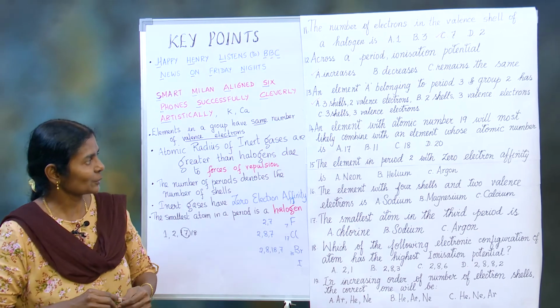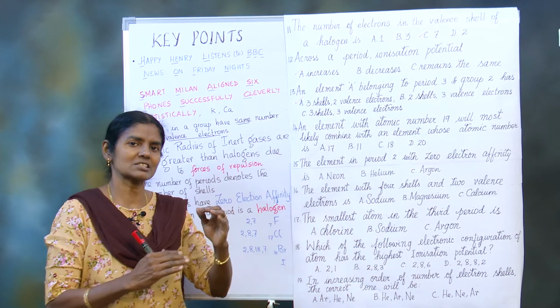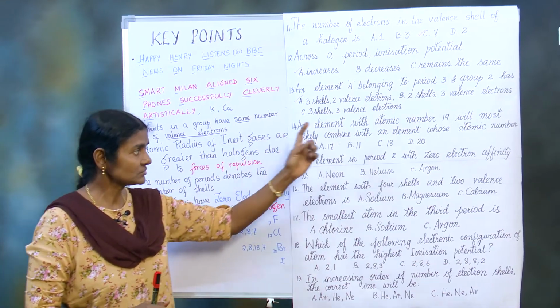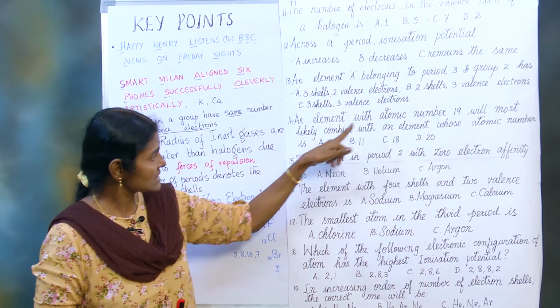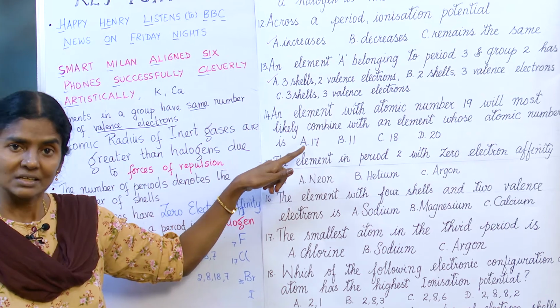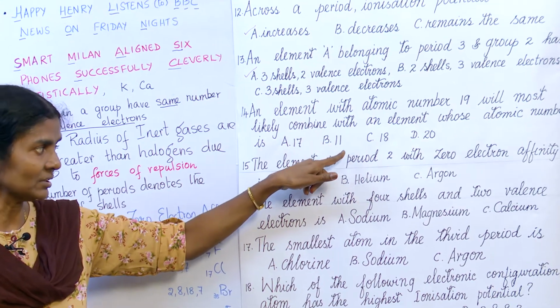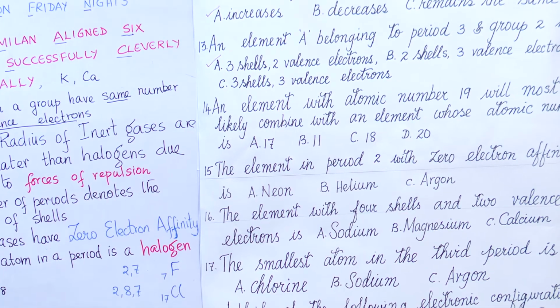Alright. Next we go to a slightly different one. This is in fact linked to chemical bonding. An element with atomic number 19 will most likely combine with an element of atomic number 17, 11, 18 or 20. Okay. Now how to find this out?